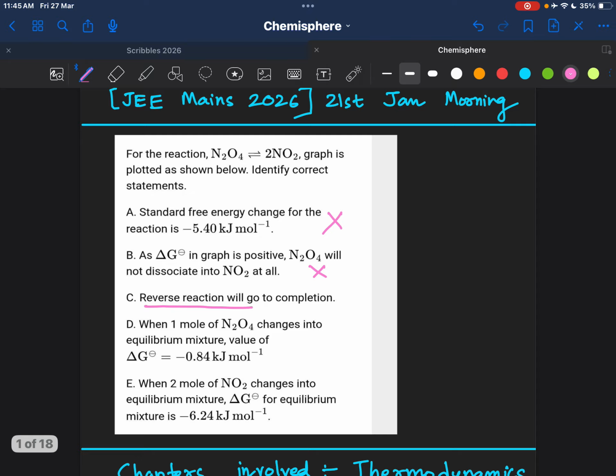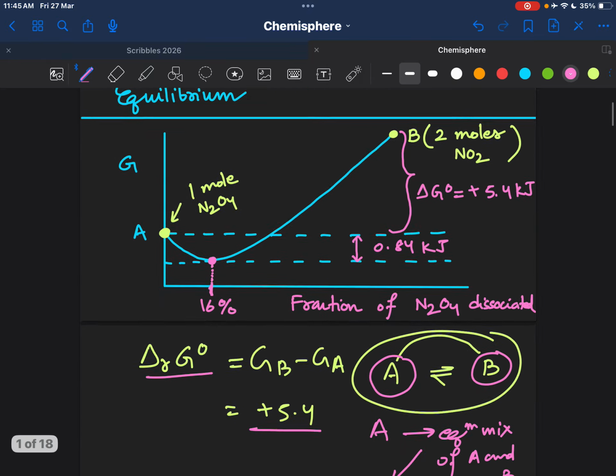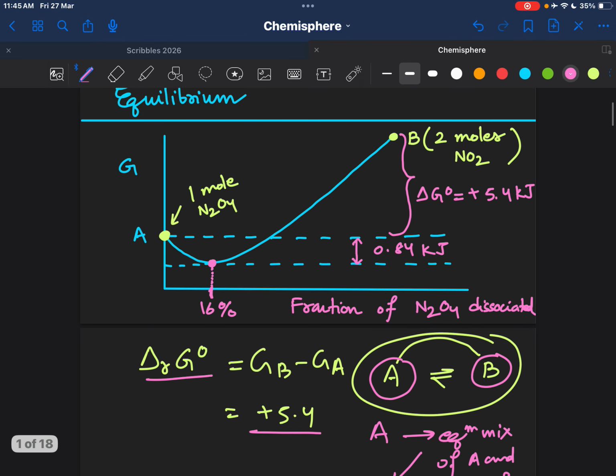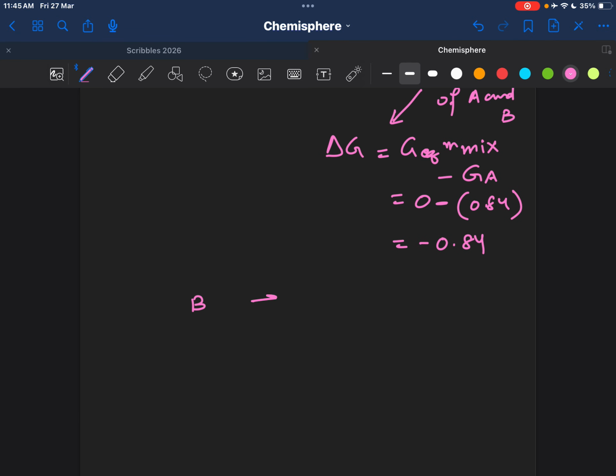Then third, reverse reaction will go to completion, right? So what is the reverse reaction? B becoming A. B is obviously 2 moles of NO2 and A is N2O4.